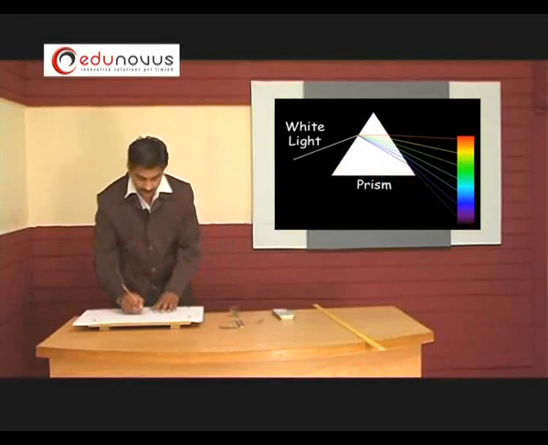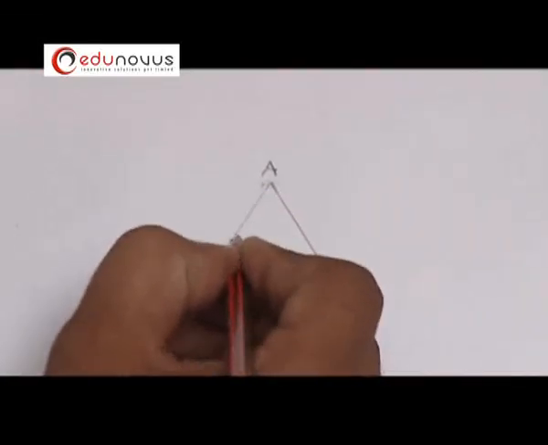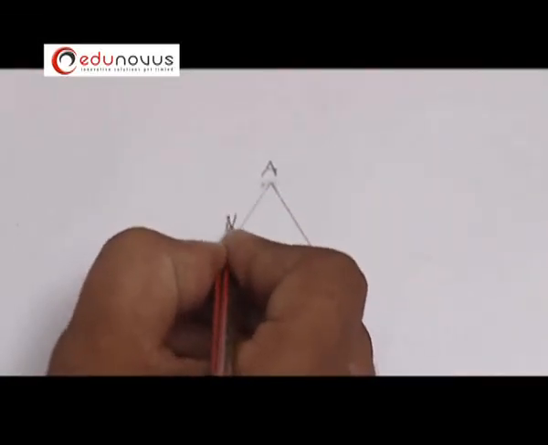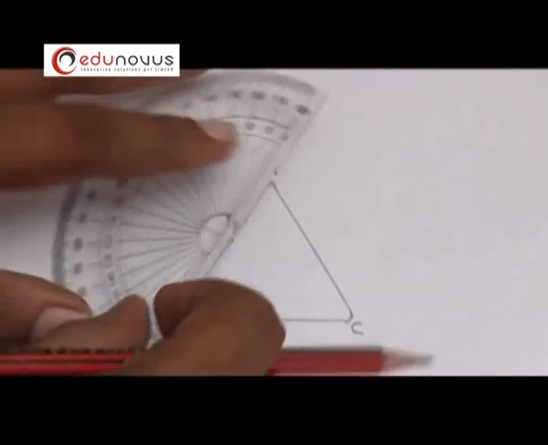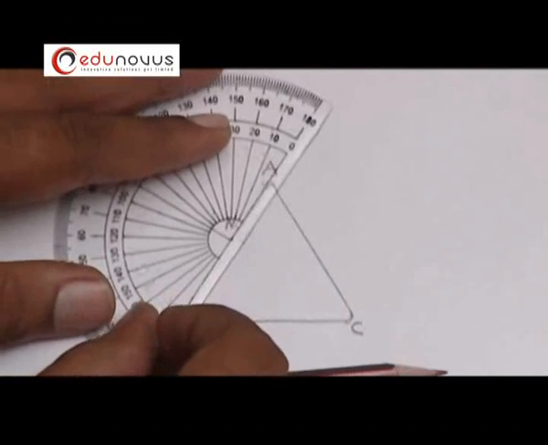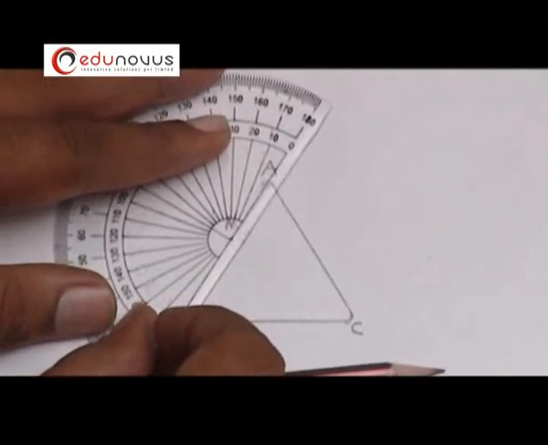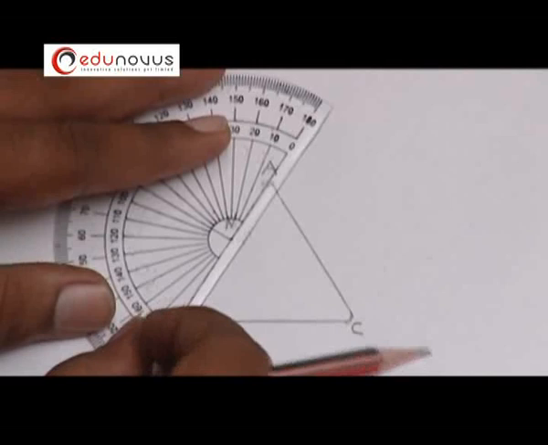Consider a point N on the face AB and draw a normal MN with the help of a protractor for the face AB.